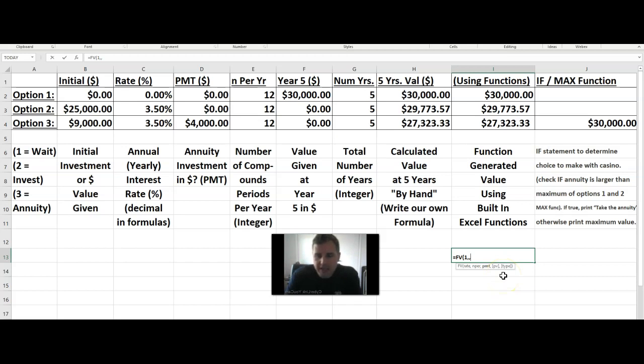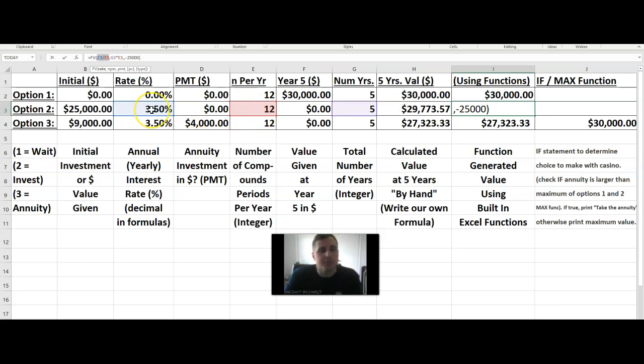So let's see how I set up this future value equation. This future value equation was set up as C3 divided by E3 because that is the annual percentage rate divided by the number of compounding times per year.